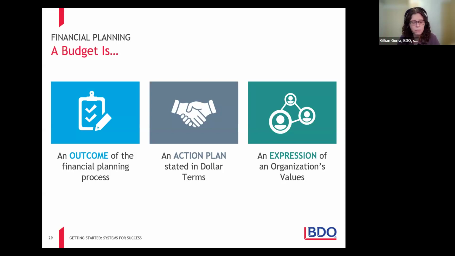I think sometimes most importantly, our budget is an expression of our organizational values. This is really the place where we can literally put our money where our mouth is. If we are saying, hey, this is why we exist, this is who we serve, this is what's important to us, we should see that reflected in where we're putting our budgeted dollars.